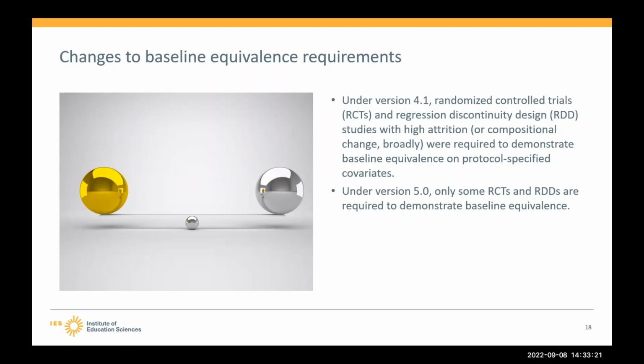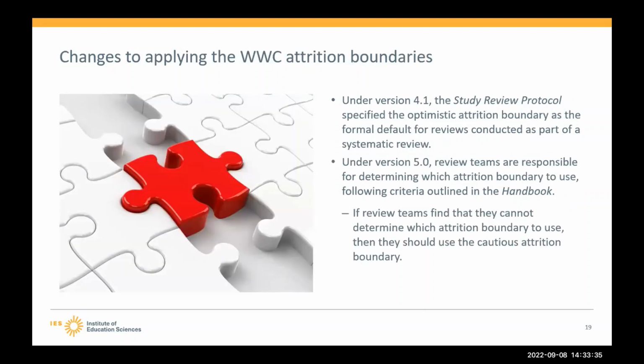Now, the logic behind this change to the standards is that when review teams select the optimistic attrition boundary, this implies that compositional change is not expected to be strongly related to intervention status. And because both of these types of designs assign units to conditions in a controlled fashion, covariate adjustment is often sufficient for addressing much of the potential bias.